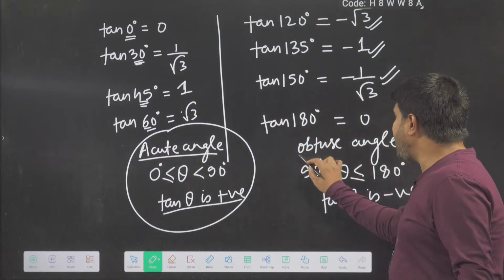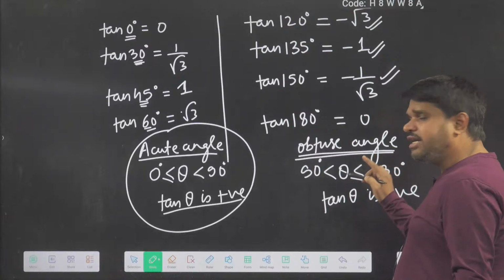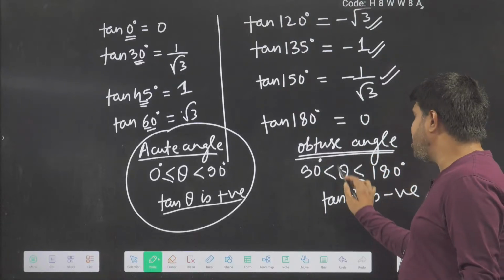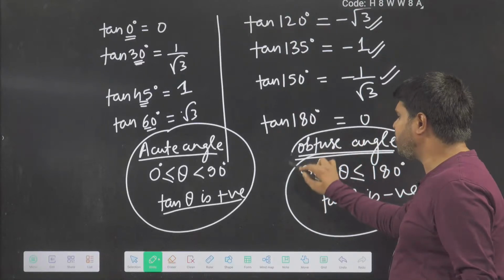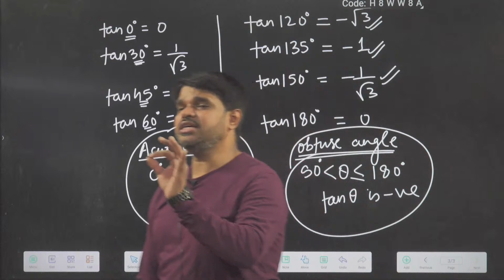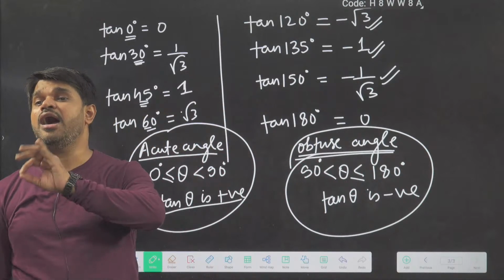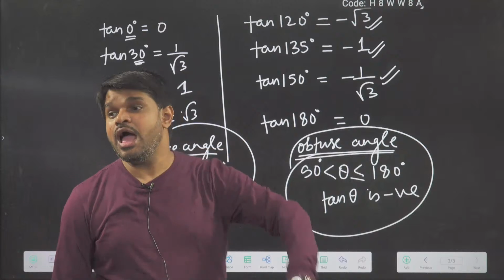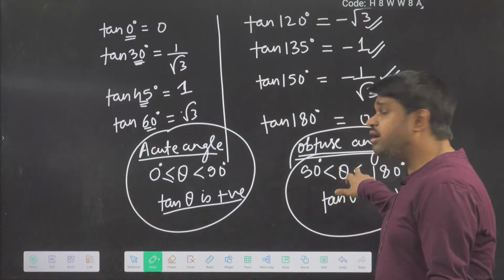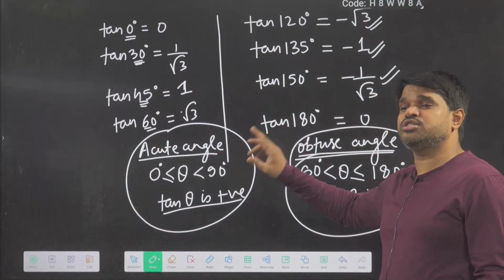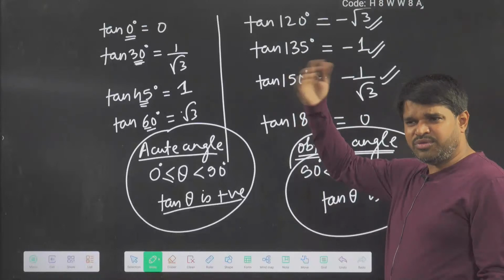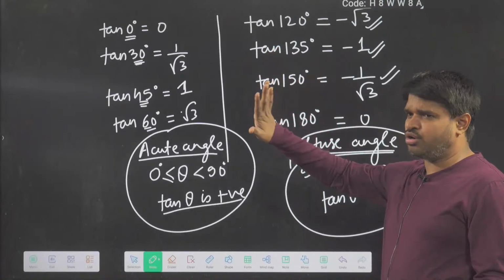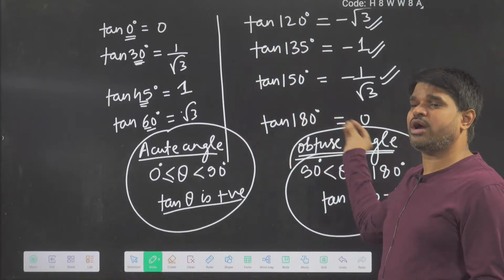And if the angle is obtuse, between 90 and 180, the value of tan theta will be negative. That is going to be required in the graph that I am going to discuss. How this is negative and how this is positive is related to trigonometry. We are not going there. I need these, so I just told you.